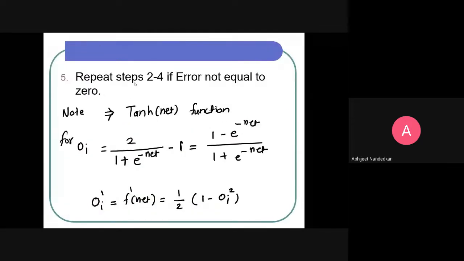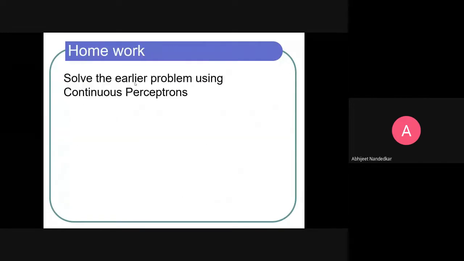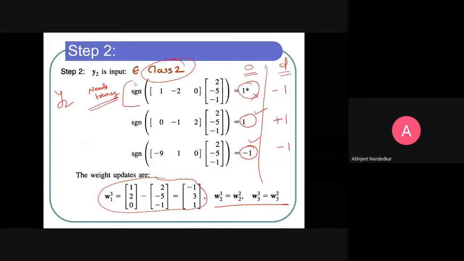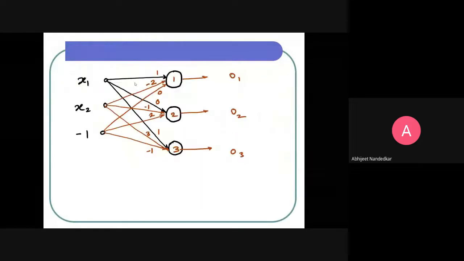So we have seen the training, and we can do it using the classical perceptron learning rule as well as the delta learning rule. When I use the delta learning rule, the activation function must be a continuous activation function. So that should be at least a tanh function or logistic function. Out of them you can choose any one and proceed. So homework: try to solve this problem using a continuous activation function.